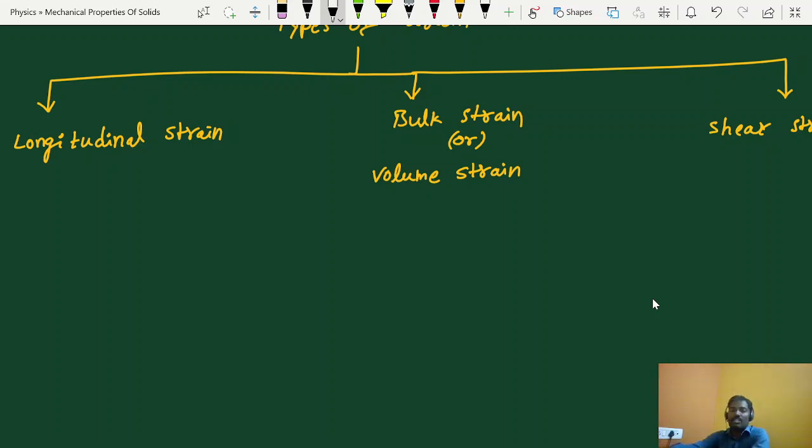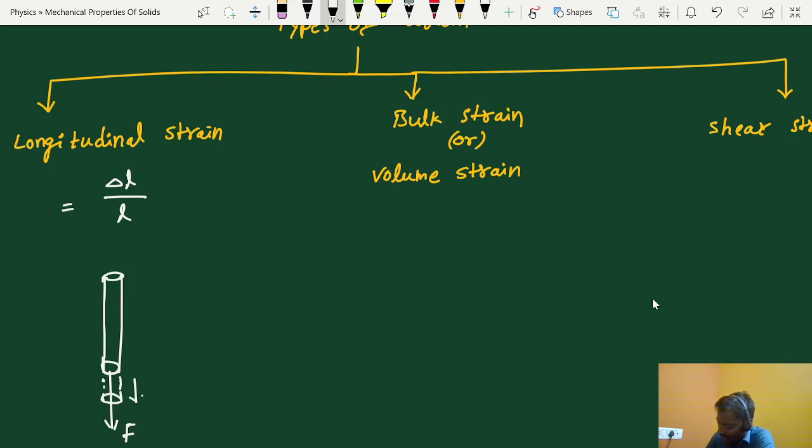Longitudinal strain is due to change in length. So simply it is defined as change in length by original length. And one more thing, students, say if it is a rod, the strain developed in it due to increase in length along the direction of force is known as longitudinal strain.